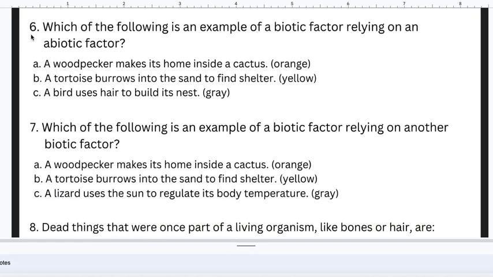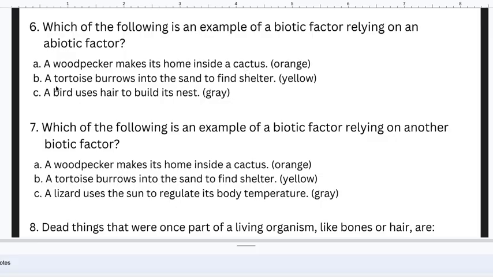Number 6. Which of the following is an example of a biotic factor relying on an abiotic factor? Relying means depending on. So a biotic factor relies on or depends on an abiotic factor. A, a woodpecker makes its home inside a cactus.